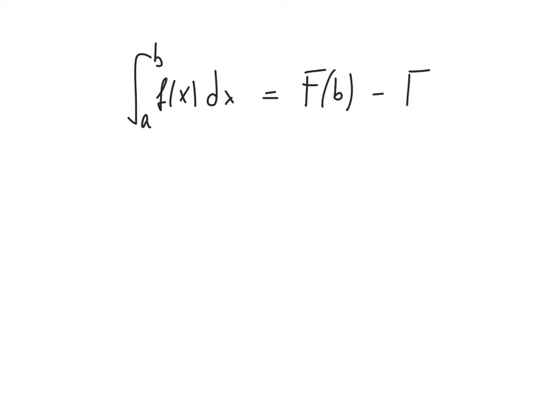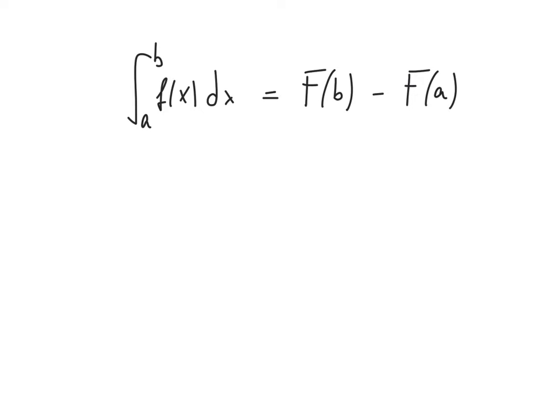So while we cannot speak of the antiderivative, but only of an antiderivative of a function, for the fundamental theorem of calculus, it does not really matter. Because if you write the integral from a to b of little f of x dx as F of b minus F of a, and now let's say we replace F by another antiderivative.